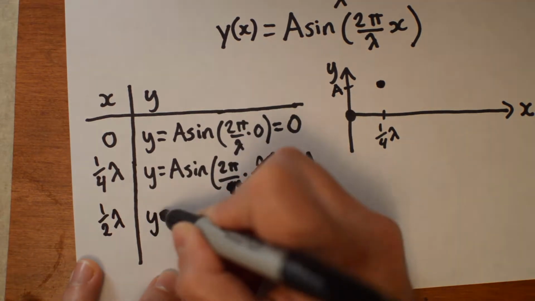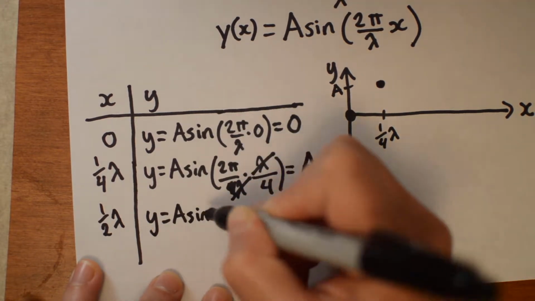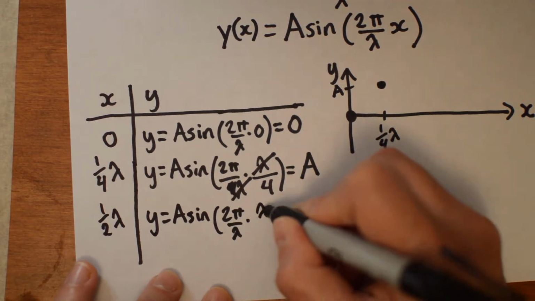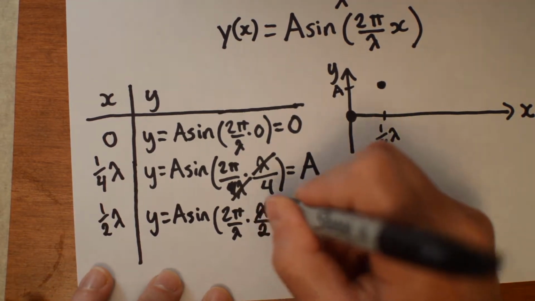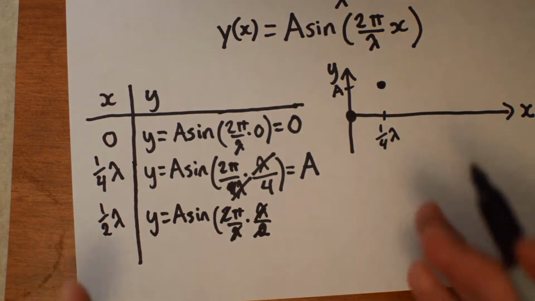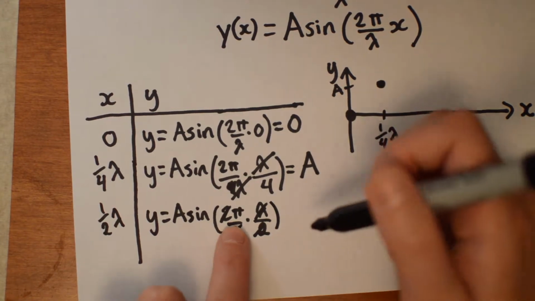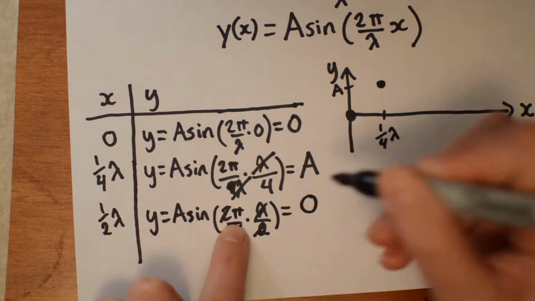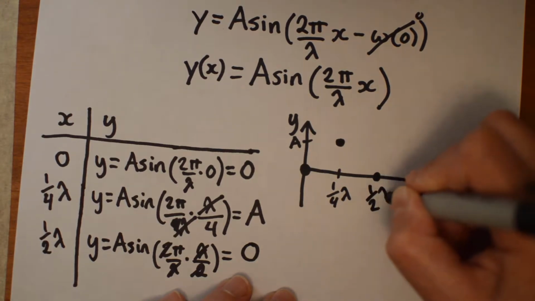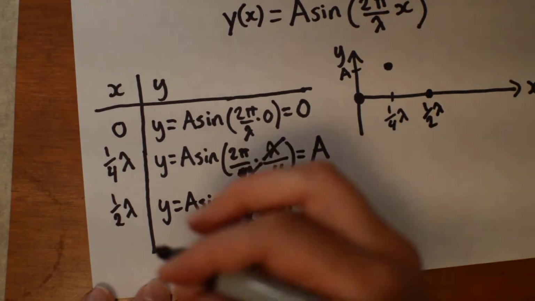I'll get y is a sine of 2 pi over lambda times lambda over 2. The lambdas cancel, the 2's cancel, I get just sine of pi. Sine of pi is equal to 0, so at half of lambda, my function goes down to 0.